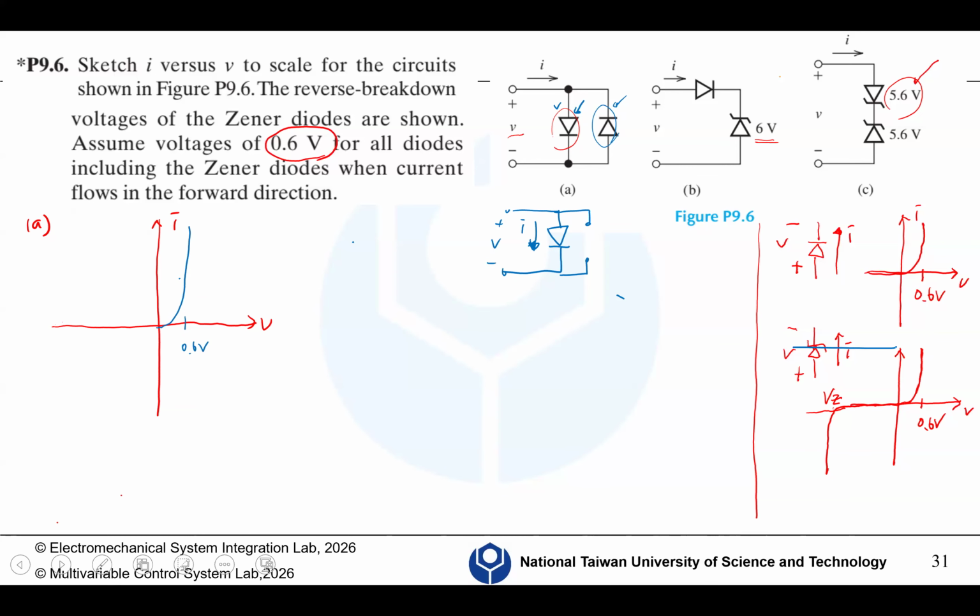And when V is smaller than zero, which means we're focused on here. So this is V larger than zero; for V smaller than zero, how about I draw it here?